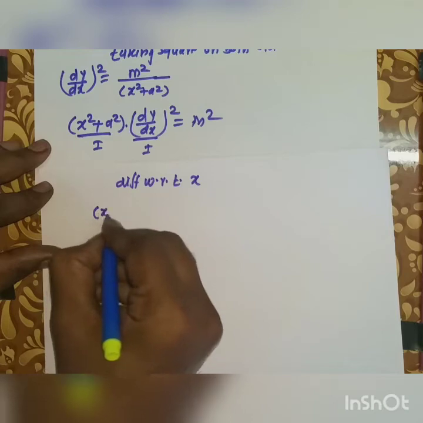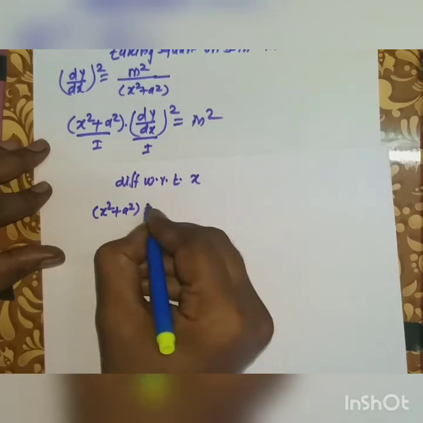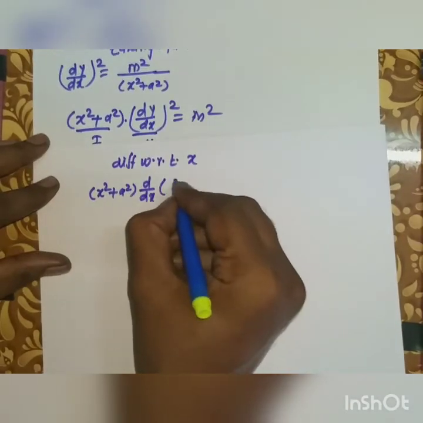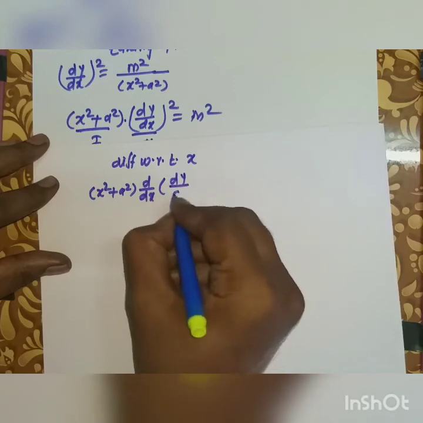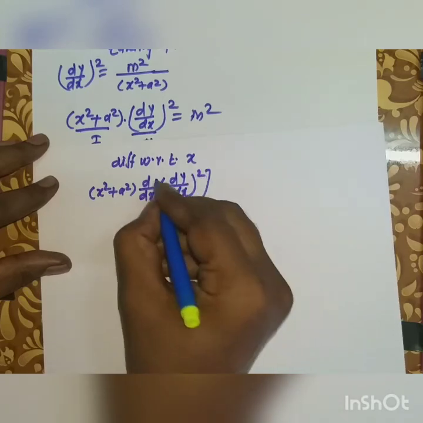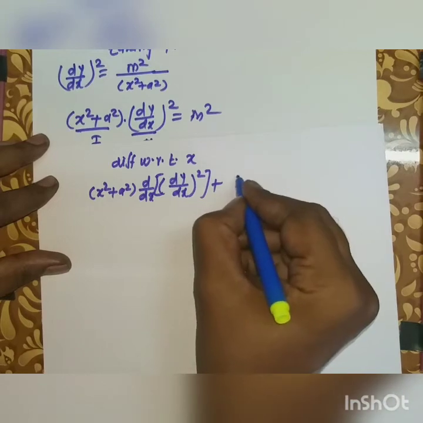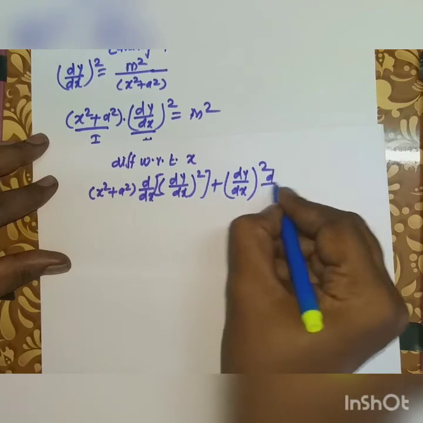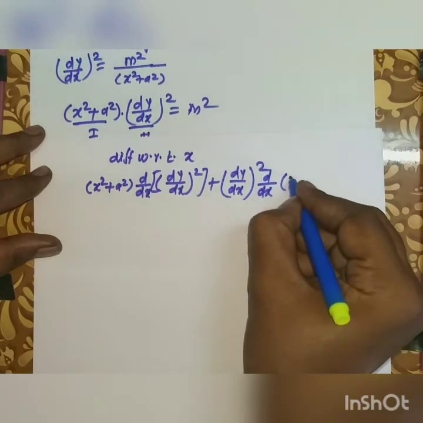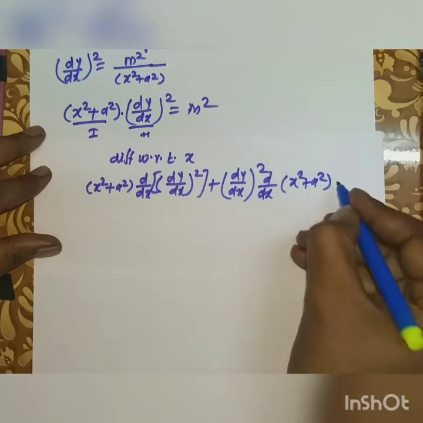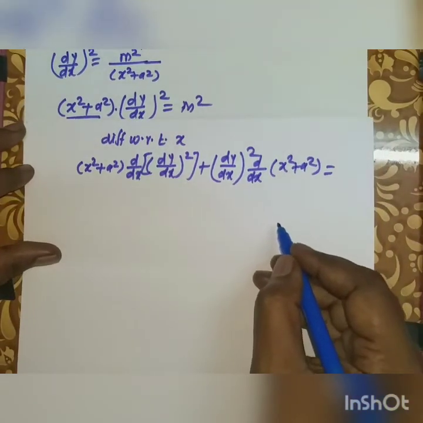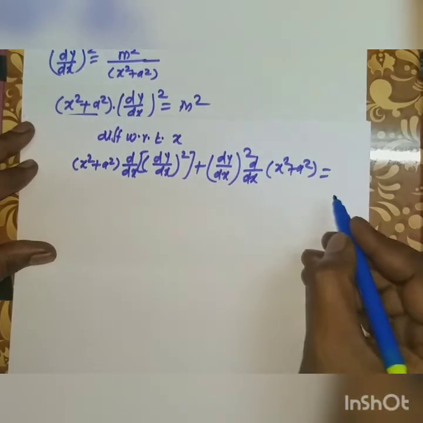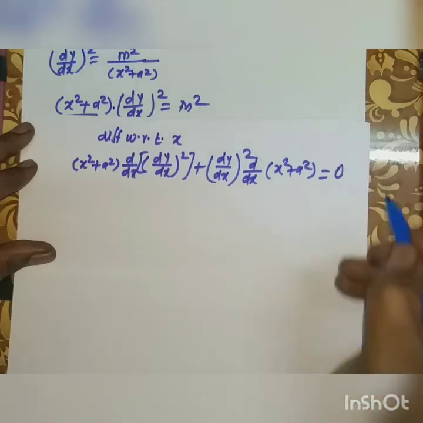First function x square plus a square, into the derivative of the second function, d dx of dy by dx bracket square, plus dy by dx bracket square into d dx of x square plus a square, is equal to the derivative of the right hand side, m square. Some students may write twice m, but m is not a variable, m is a constant, its derivative is 0.